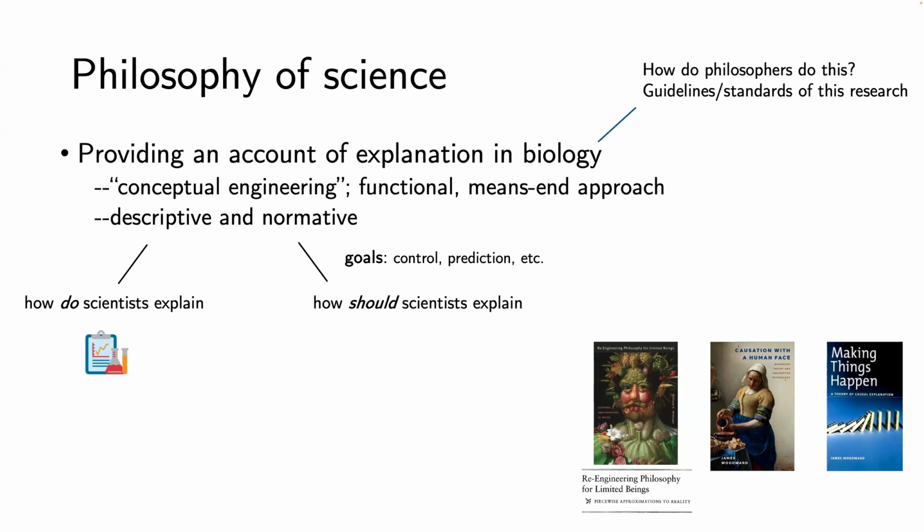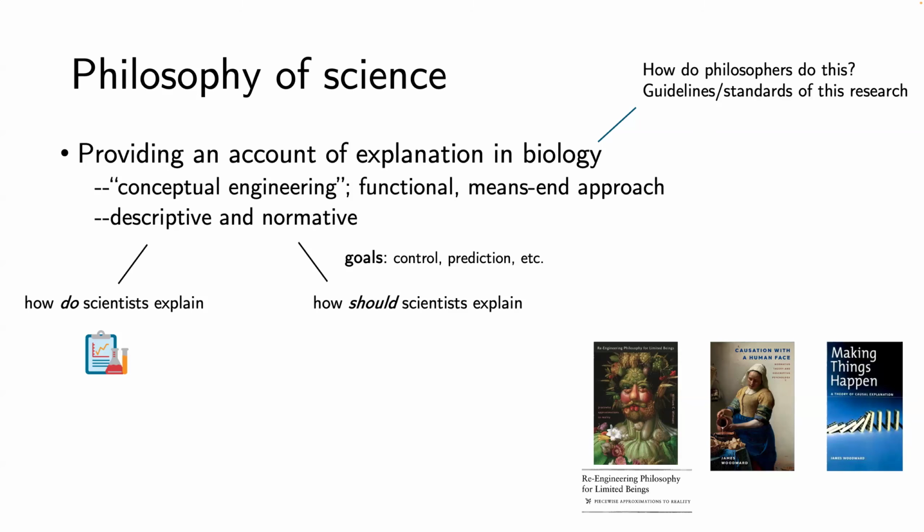So, for example, if explanations in biology are intended to meet the goals of providing information about control or prediction, and those are the goals of interest, then a philosopher, a scientist can come into this space and say, well, this is a good explanation and this is a bad one on the basis of the fact that this one meets your goals and the other one doesn't.